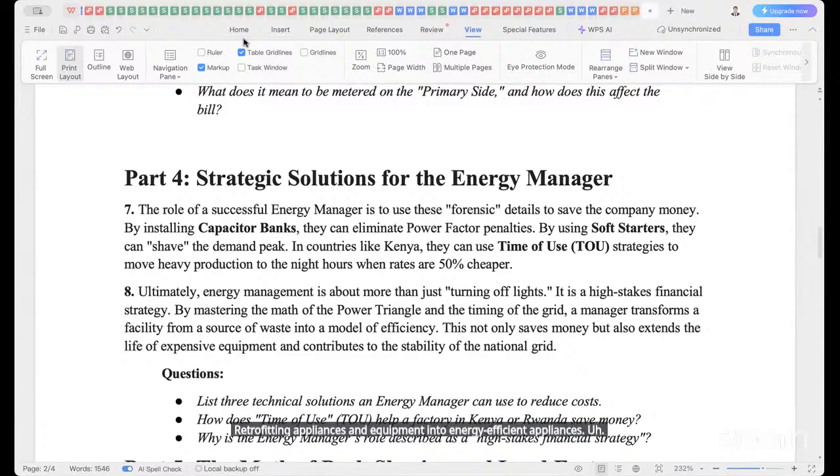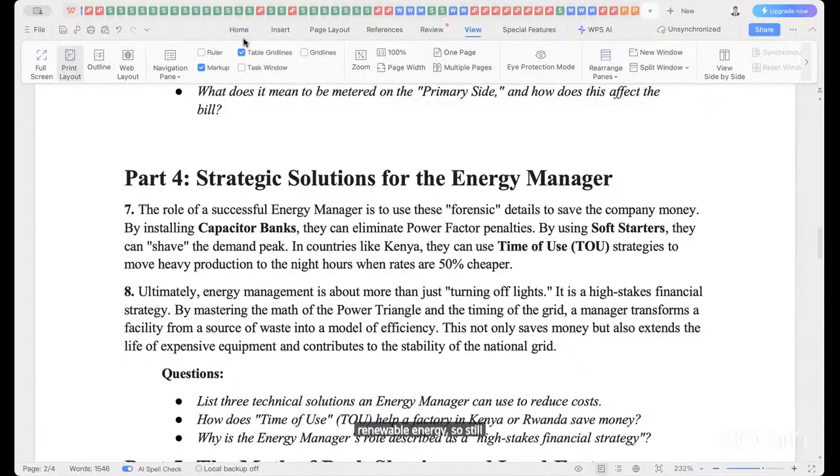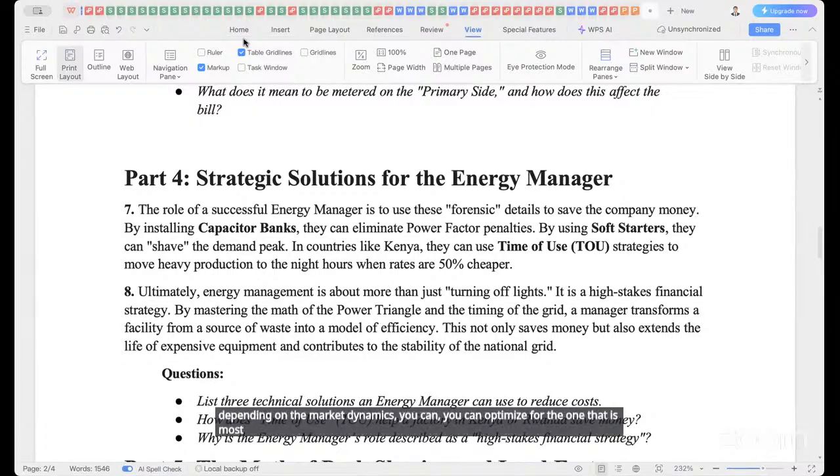The second one will be using a mixed energy source approach. What I mean is, instead of just having one source of energy, you could have a mix, like a renewable energy source along with the grid and other sources, so that depending on the market dynamics, you can optimize for the one that is most economical at a given time.